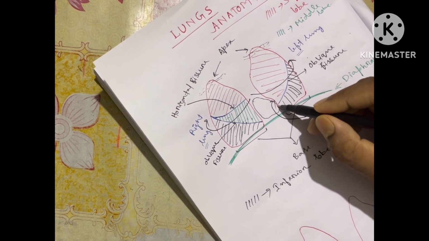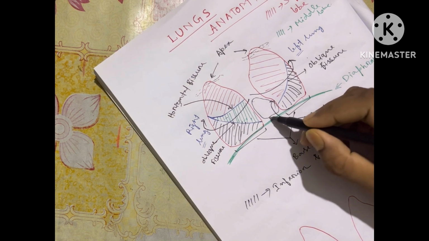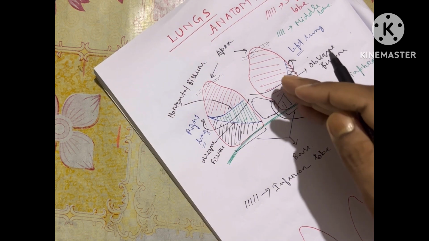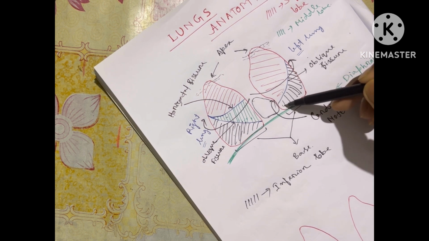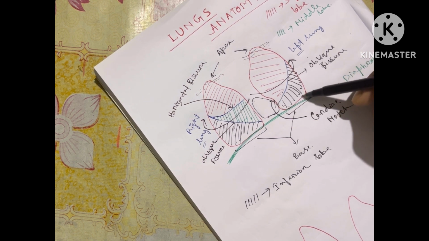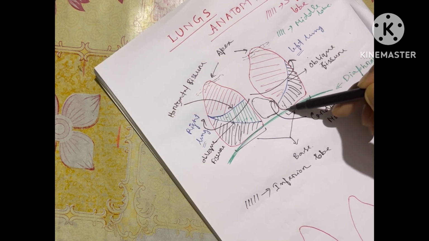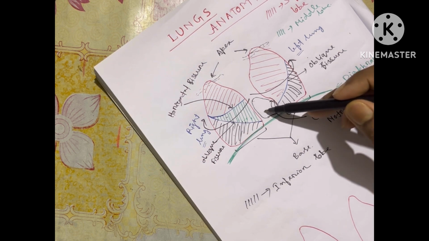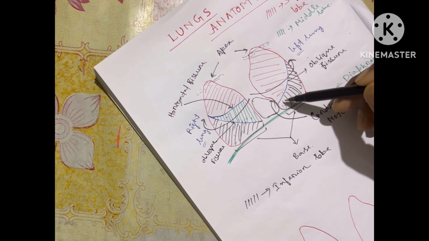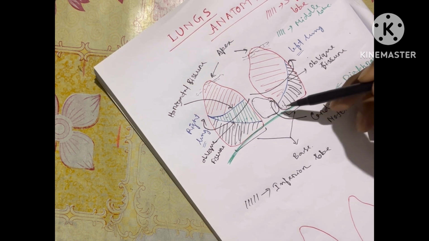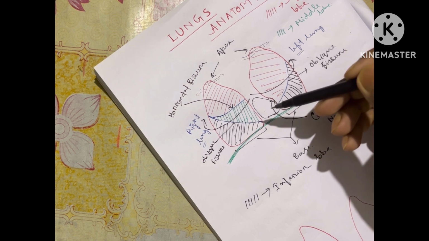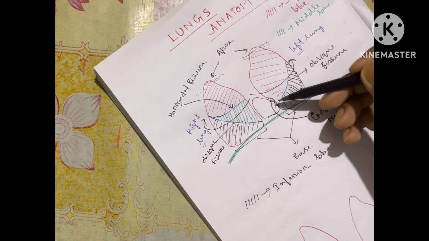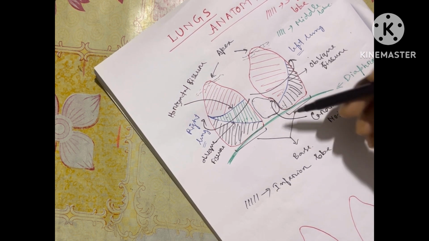The apex of our heart projects inward towards our left lung. Because of that, our left lung develops in such a way that there is a depression over there because of the presence of our heart. That's why that notch is called the cardiac notch.